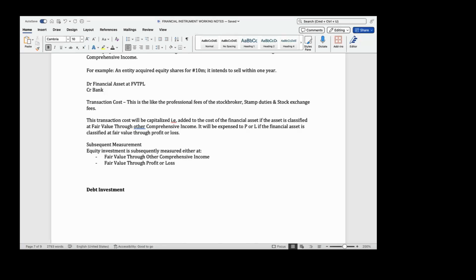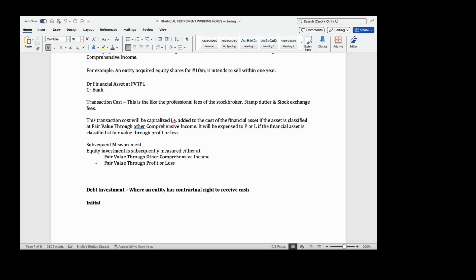Where an entity has contractual rights to receive cash, that's debt. You must have done a debt investment. Then how do you measure this?